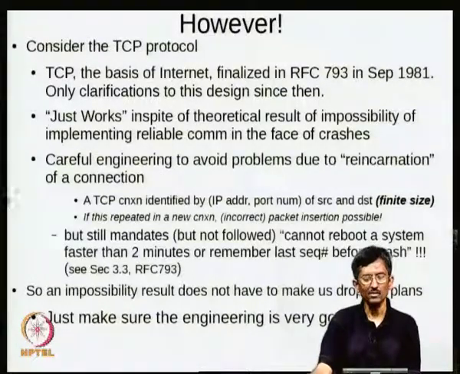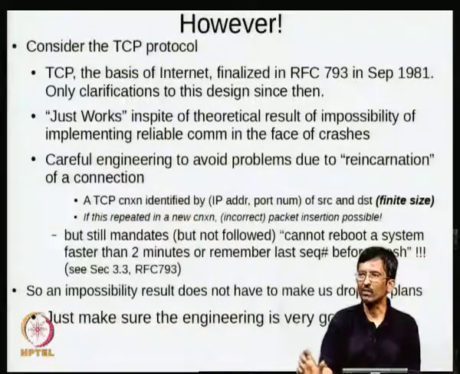Let me give you an example of the kinds of engineering that has to be done. Suppose, what is the TCP connection identified as? It is identified as IP address and port number on the source side, and IP address and port number on the destination side. Now, if you think about this, this is a finite sized piece of information.